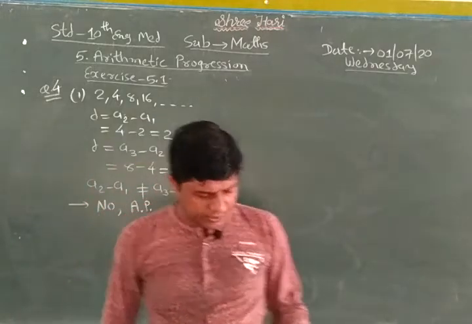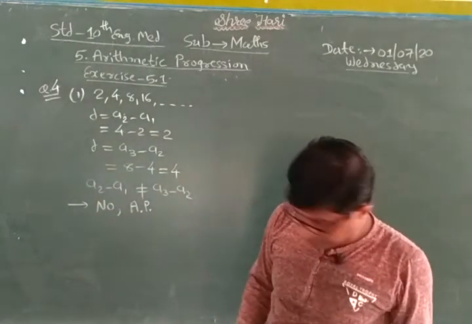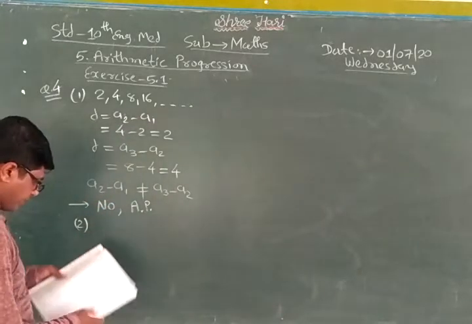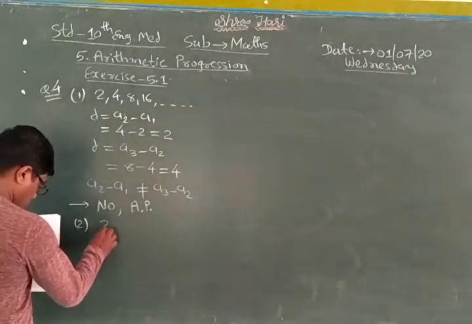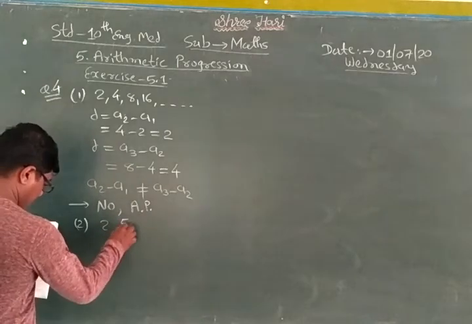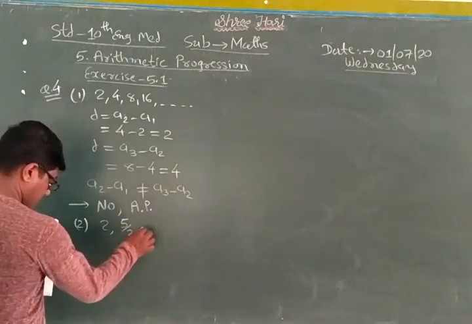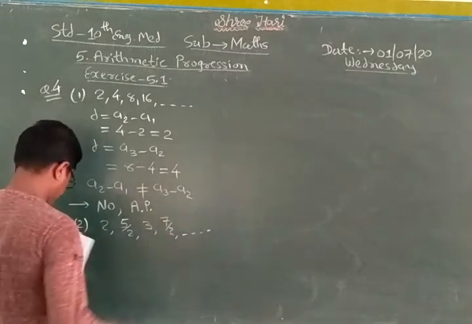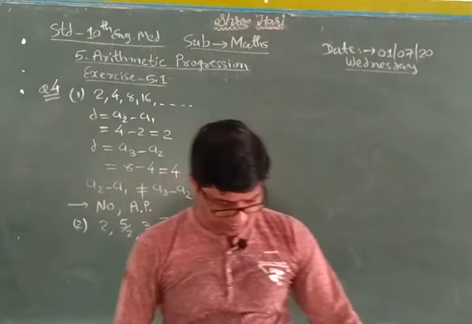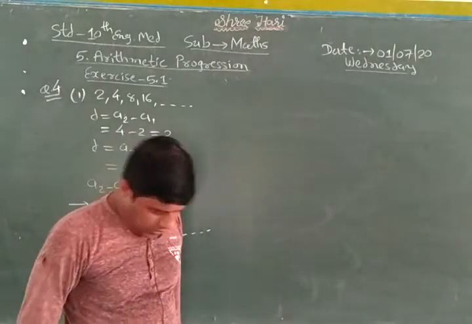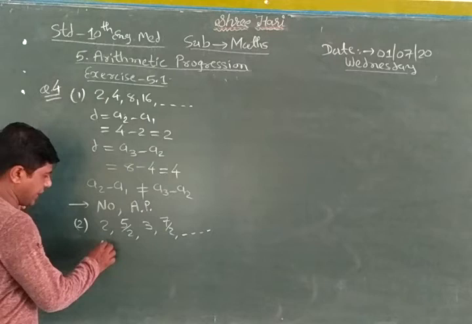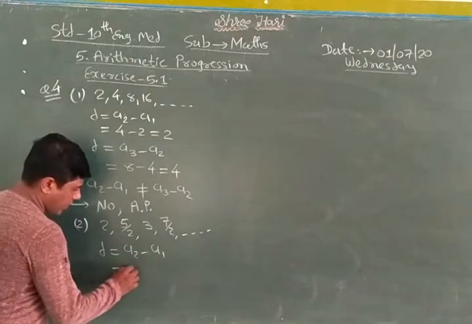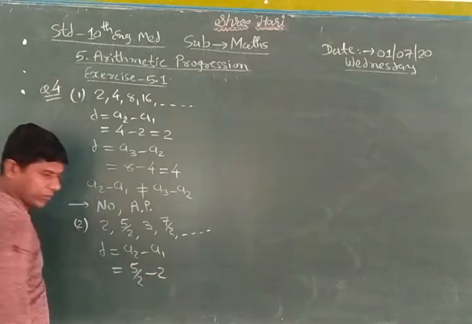Okay, now second part. Write down the question first: 2, 5 by 2, 3, 7 by 2. First find the common difference D. A2 minus A1, 5 by 2 minus 2.